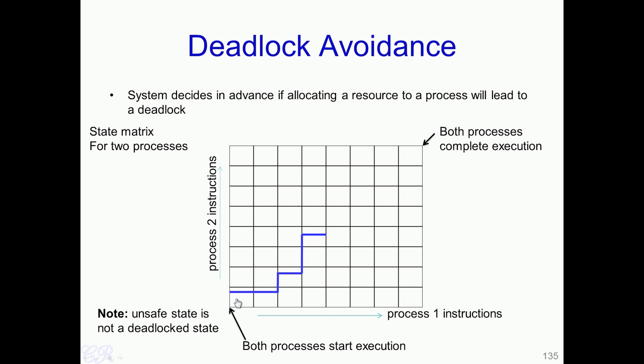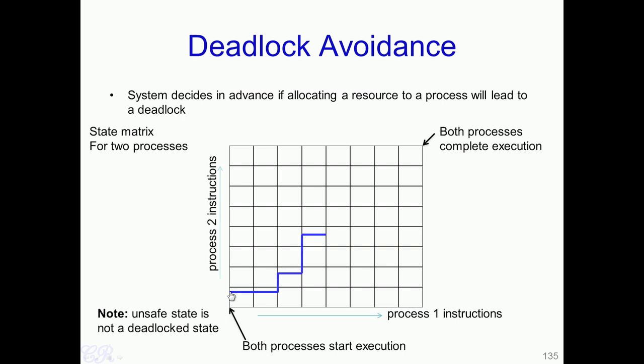Now, as these processes execute in the system, the state of the system will change, depending on how the two processes execute with respect to each other. So, let us say this state is represented by each of these blocks over here.